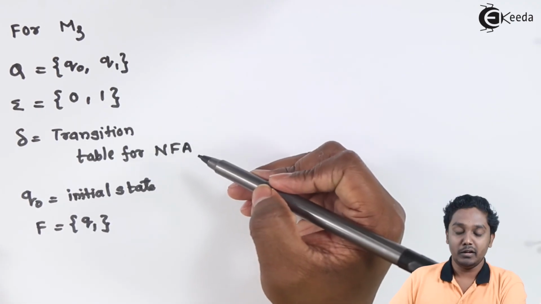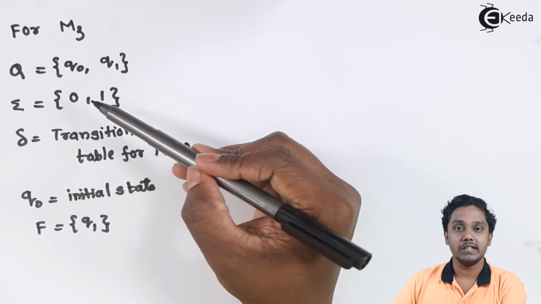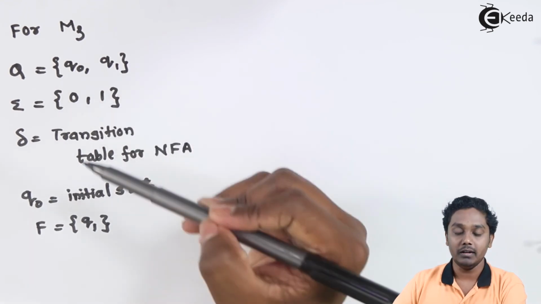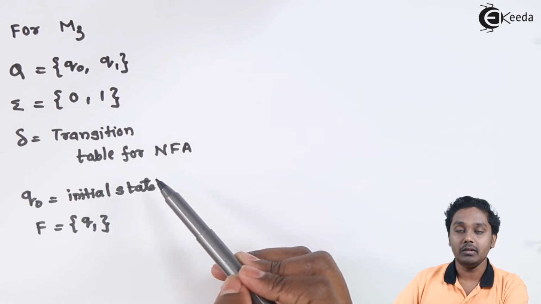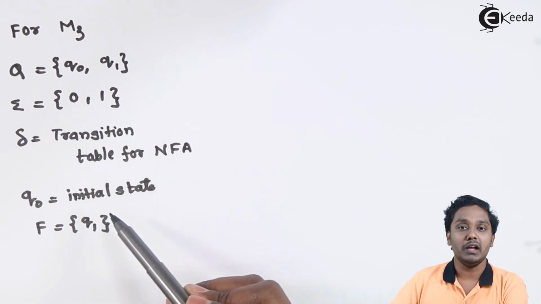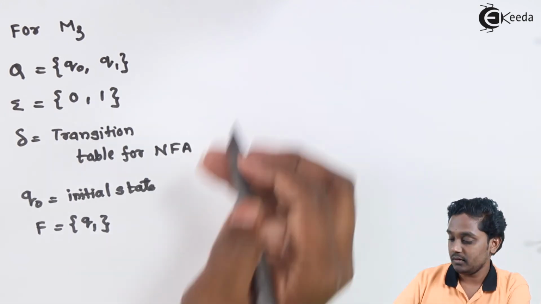As we can see in the machine M3, Q0 and Q1 are the states, 0 and 1 is the alphabet sigma, delta, that is the transition function, is the transition table for the NFA, the initial state is Q0 and the final state is Q1.